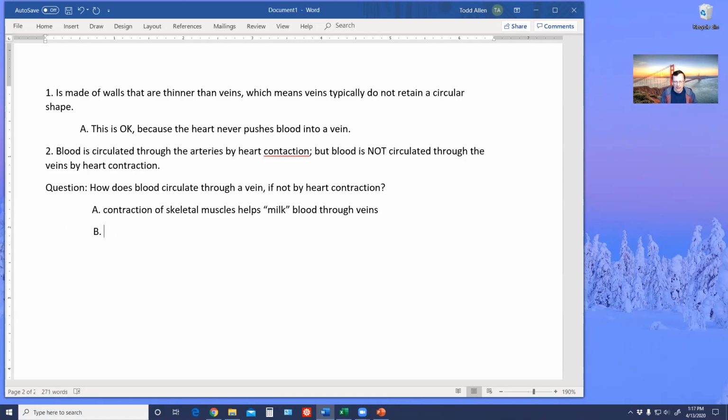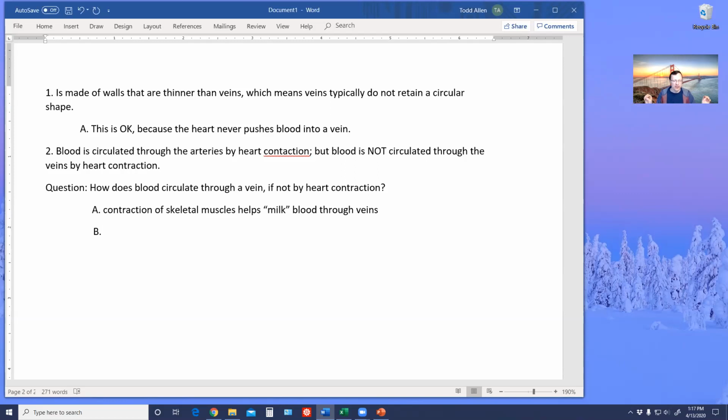Okay. All right. A second thing to keep in mind is that the veins have a very large lumen. If you look at the picture on page 215, look how big that open space is inside the vein as compared to the artery. So veins have very large lumens. And what that means is there's a lot less friction preventing the motion of the blood.